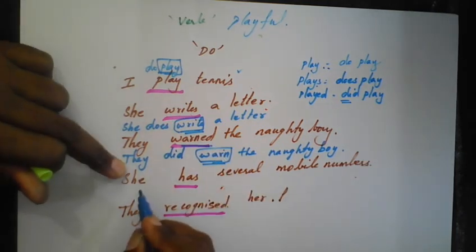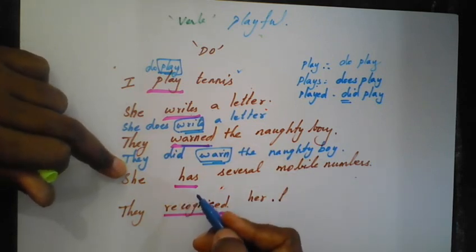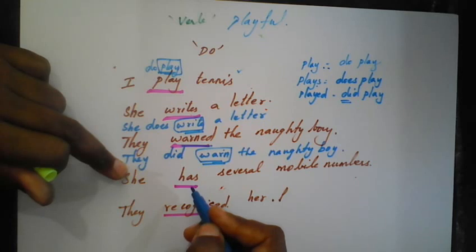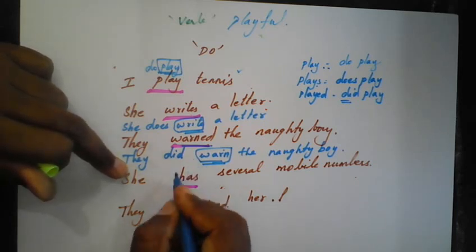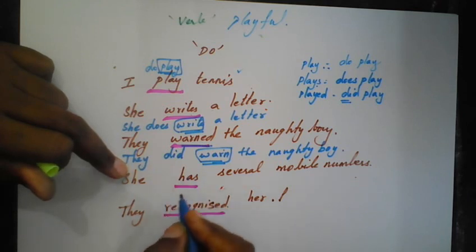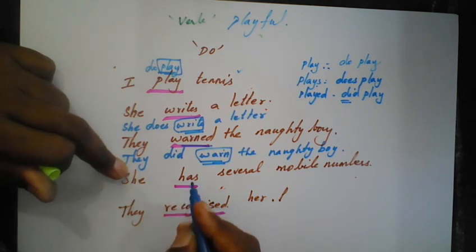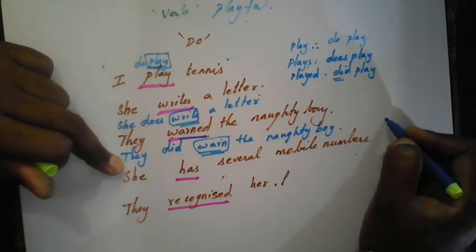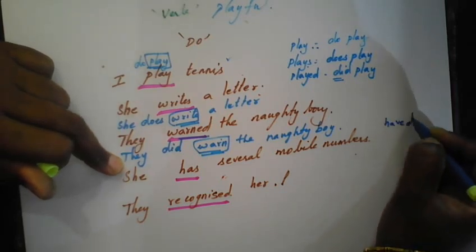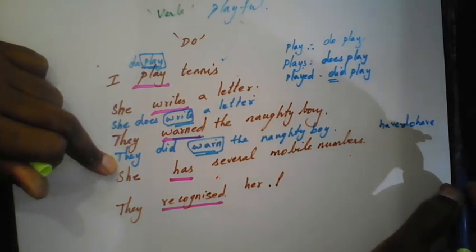Okay. Now here, "she has several mobile numbers". Whether here it's a helping verb or main verb, my dear? Here this is a main verb, so it's a stative verb. What will be hidden inside? Yes, do verb will be hidden inside. Do plus have, the same thing. Have is equal to do have.